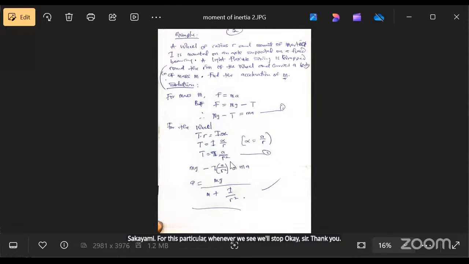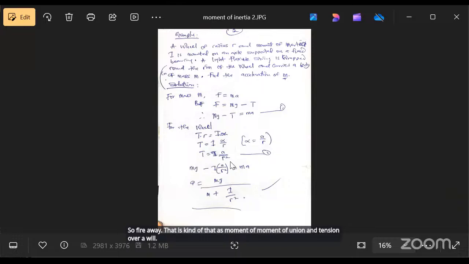Whenever you see force, mass and acceleration, the formula F equals MA is always valid. So for a wheel that has moment of inertia, that's the difference between moment of inertia and tension over a wheel.